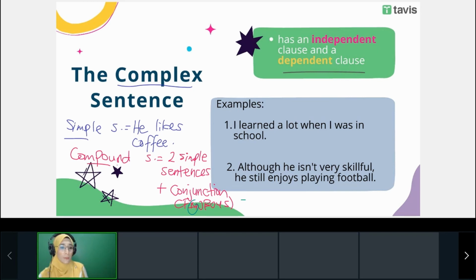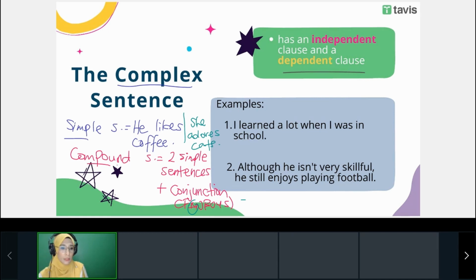For example, you have a sentence like he likes coffee. Then maybe you have another one: she adores cats.